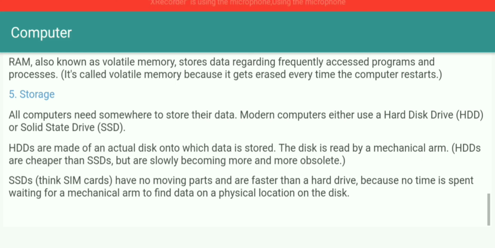So, SSDs or SIM cards have no moving parts and are faster than a hard drive because no time is spent waiting for a mechanical arm to find on a physical location on the disk. So yun mga kaibigan, ang components of a computer system.